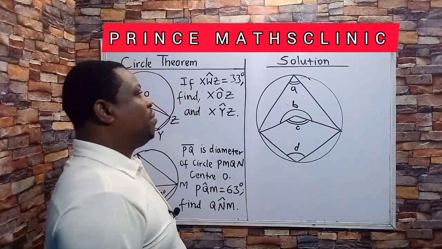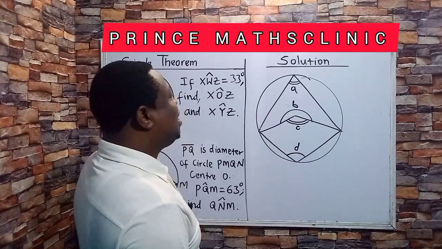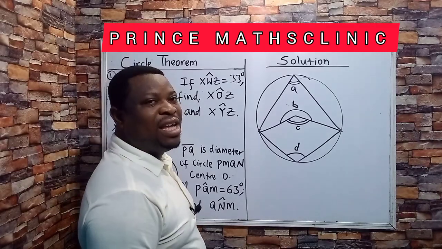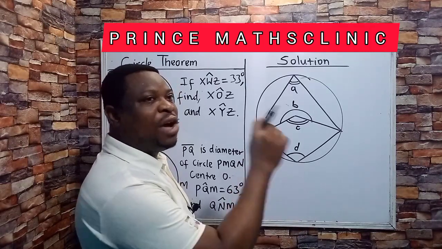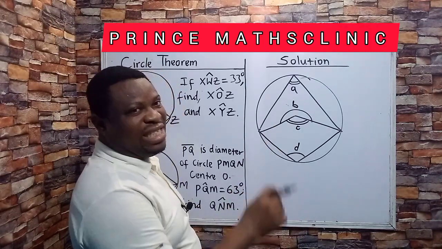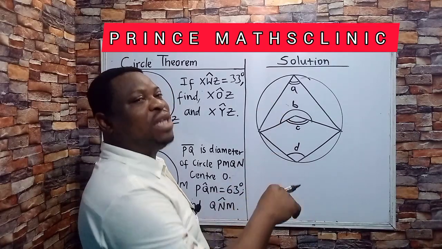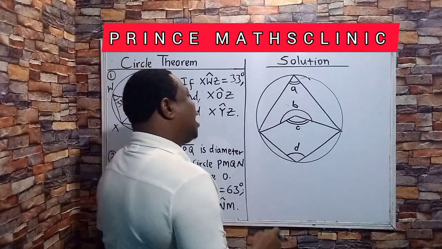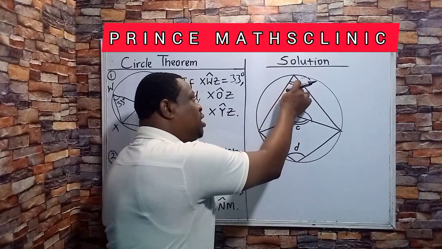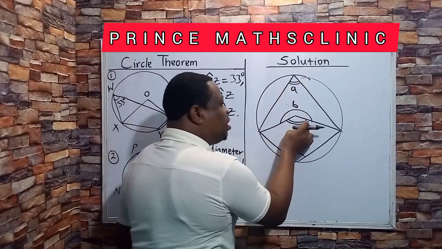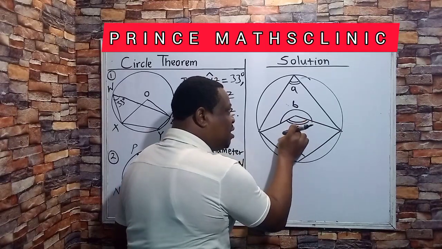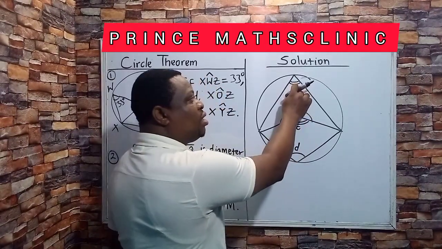The second theorem says that the angle at the center is usually 2 times the angle at the circumference. The angle at the center is 2 times the angle at the circumference. Now, if this is the angle at the circumference, right, the angle at this center here, C, is 2 times of this, right?